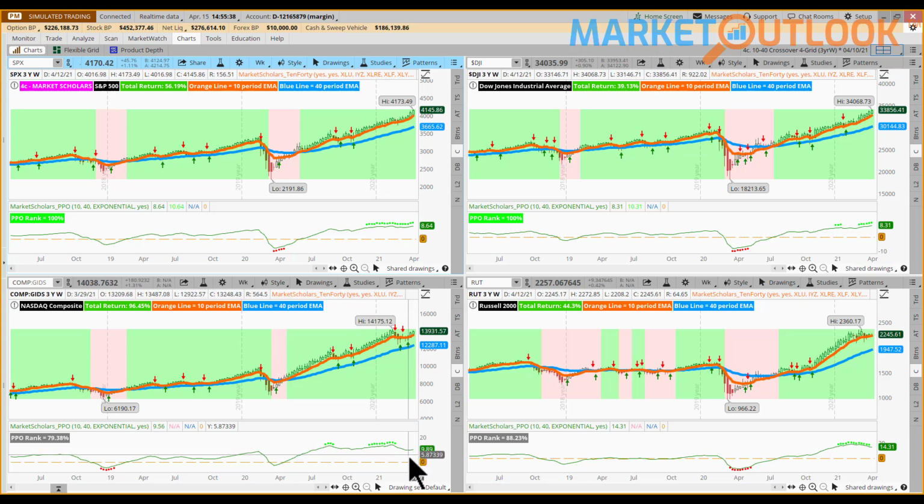But here in the last week or so, we have a slight tilt higher there in that green PPO line, telling us that this orange line has now resumed its uptrend versus that less sensitive blue line in that case. So that means that the Russell 2000 then is the only one that at this moment in time is seeing a pinching of those two lines as opposed to an expansion of those two lines like we see with the other 3 indices.